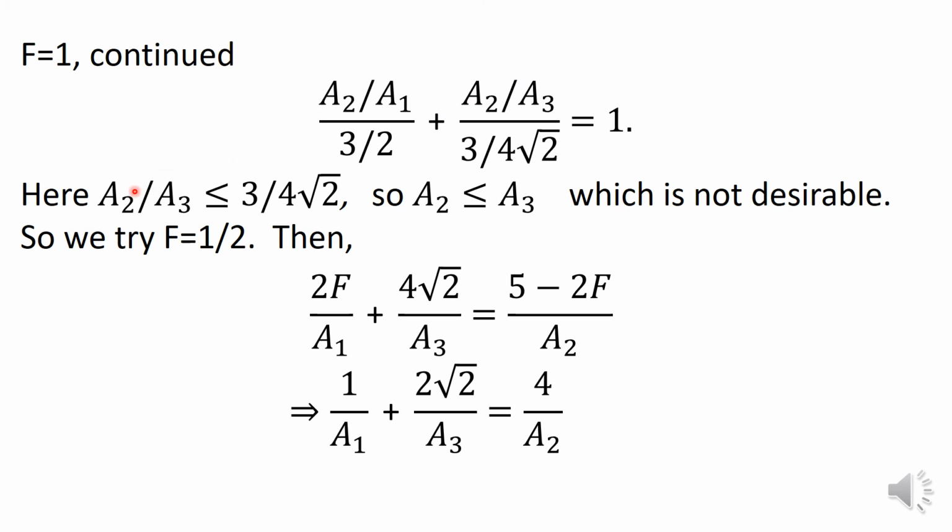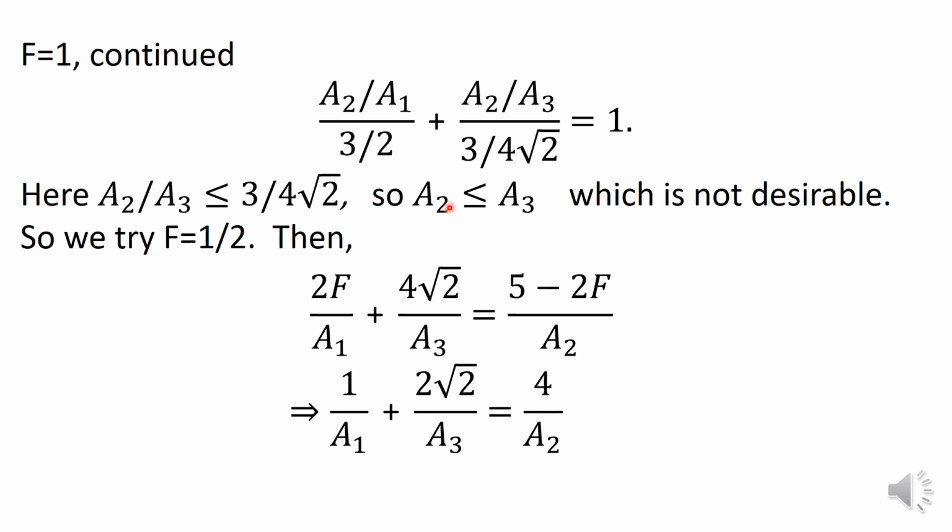Because if the numerator here were greater than the denominator, this would be greater than 1, which means that this term would have to be negative for the sum to be equal to 1, but you cannot have this being negative, so you must have a smaller numerator here than its denominator. And of course 3 over 4 root 2, this is less than 1 also, so it shows that the A2 is less than the A3, and we do not want this in our design. Suppose we do not want this in our design.